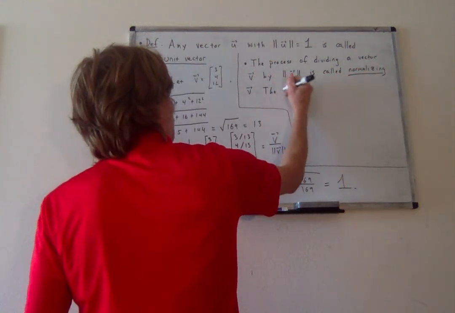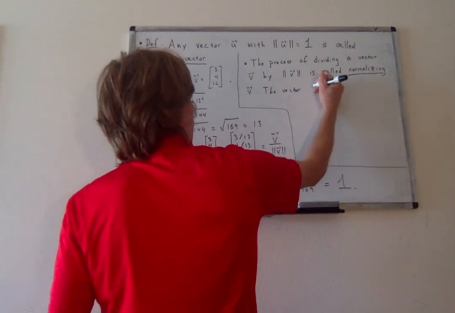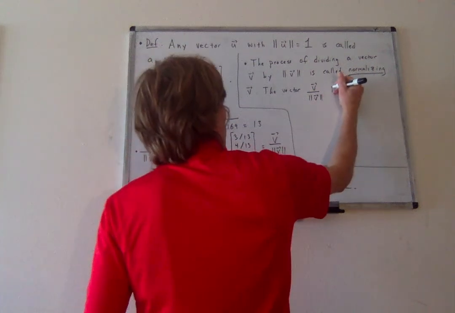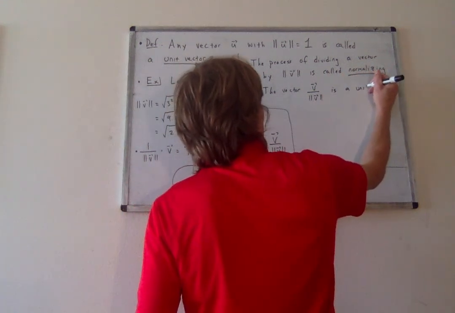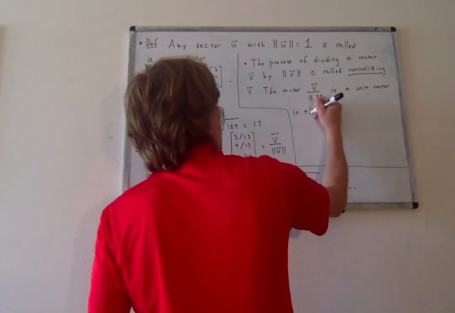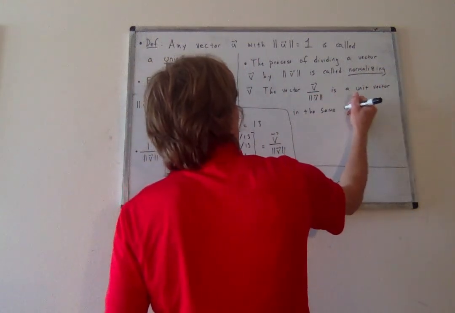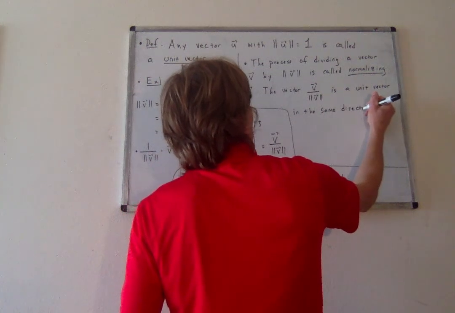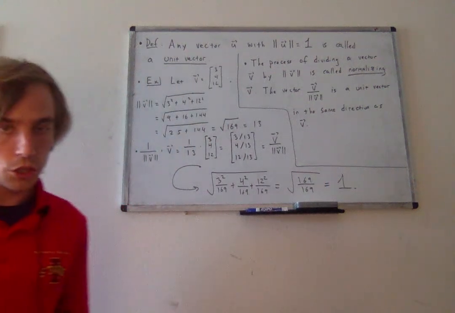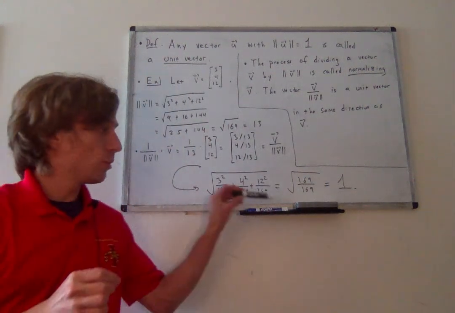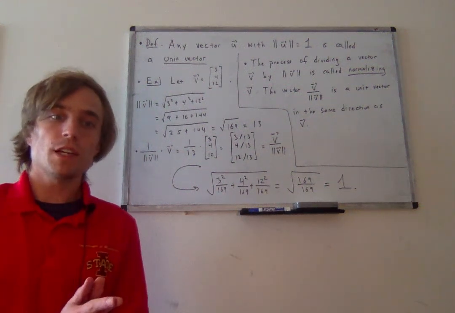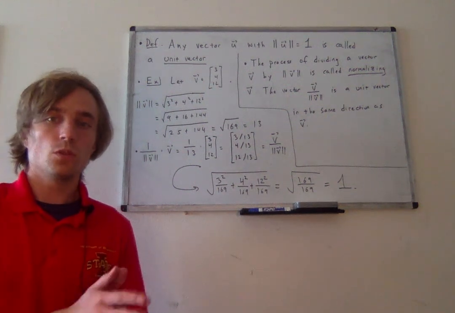And this is true for every vector v: v divided by its norm is a unit vector in the same direction as v. So if we have a vector whose length isn't equal to 1, we can just divide by its norm to get a vector pointing in the same direction whose length is equal to 1.